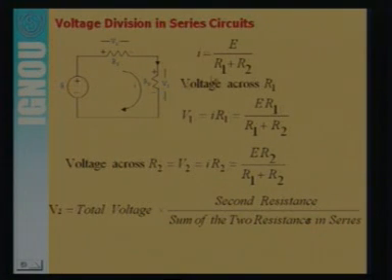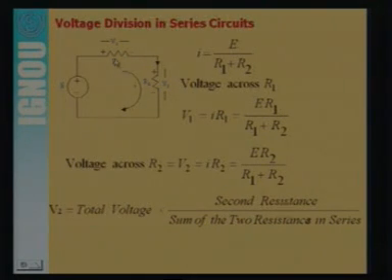We can find this voltage like this: from this circuit you will find I equal to E divided by R1 plus R2. This relationship can be obtained from the Kirchhoff voltage law. Then the voltage across R1 is V1 equal to I R1. In series, the current will be the same through R1 and R2, so you can put it here. You can remember this shortcut formula for the voltage division in a series circuit.